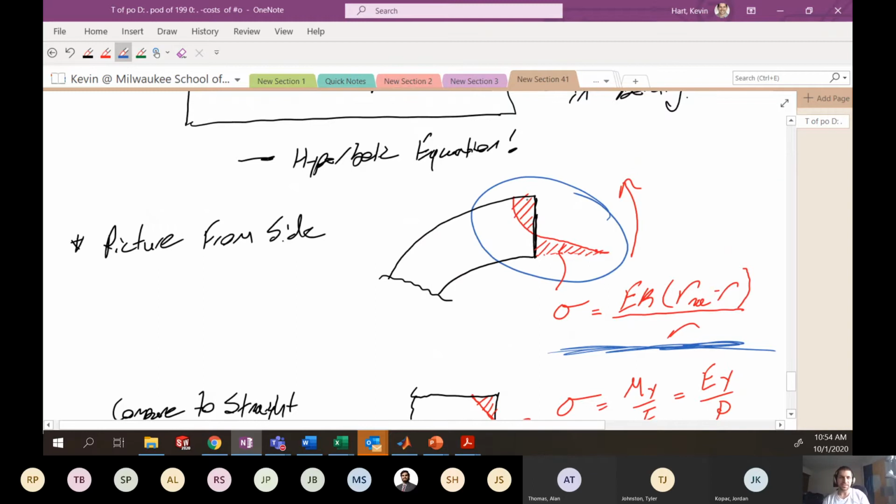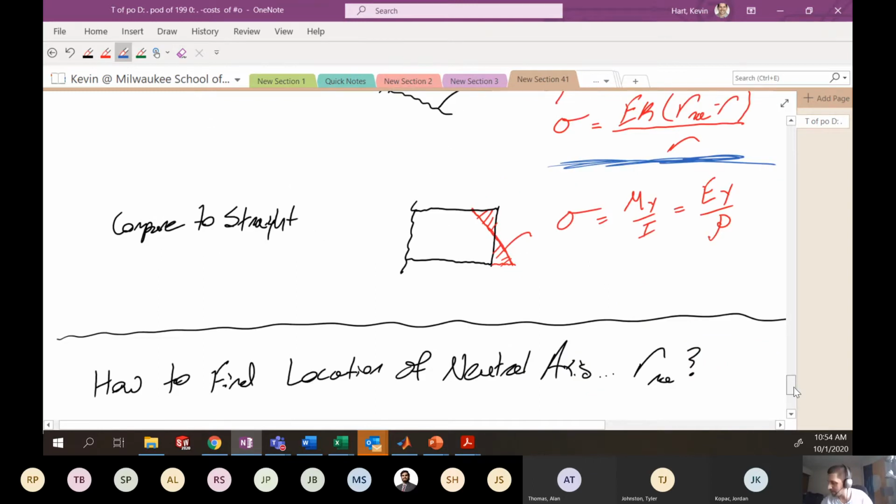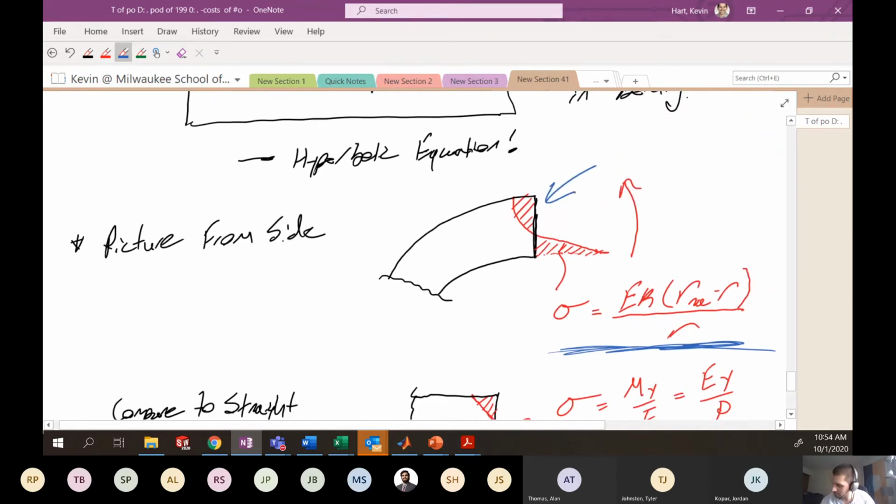For this bar to be in equilibrium, the amount of stress on the cross section in compression must be the same as the amount of stress on the cross section in tension. More or less, the forces have to balance at that cross section, otherwise your piece has to move to accommodate.